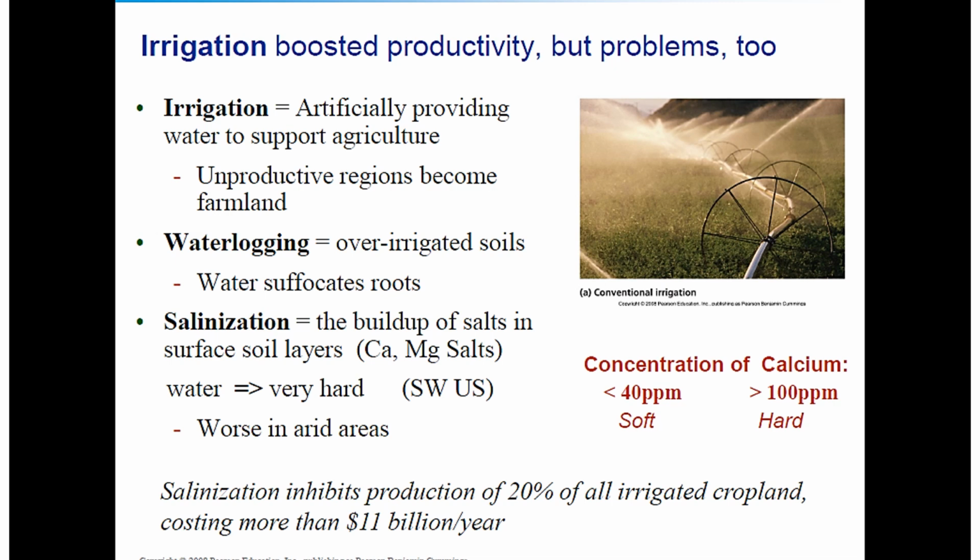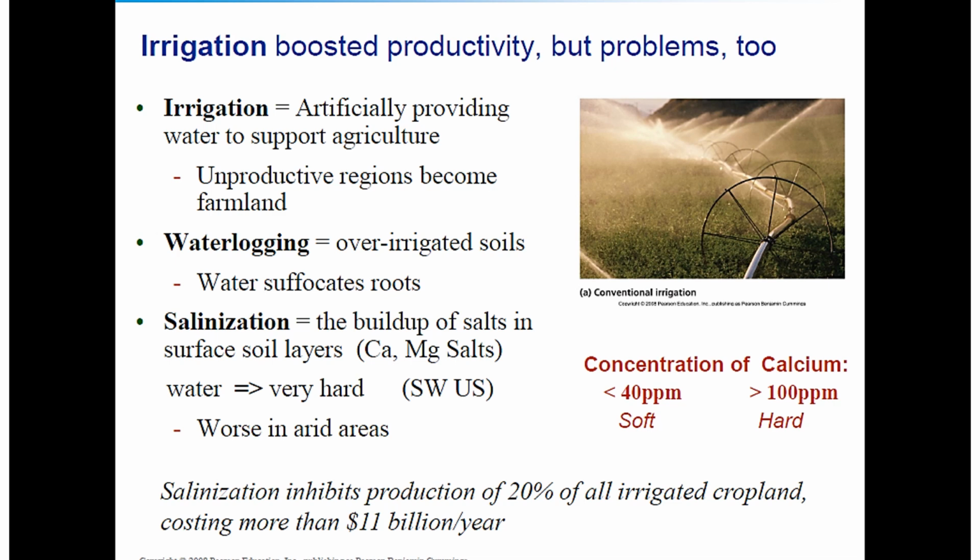We also have what we call irrigation. Before, wala pa irrigation, but then, since agriculture is now developing, it's a developing science, we've already used irrigation. It boosted the productivity of our farmlands, but also it led to problems.